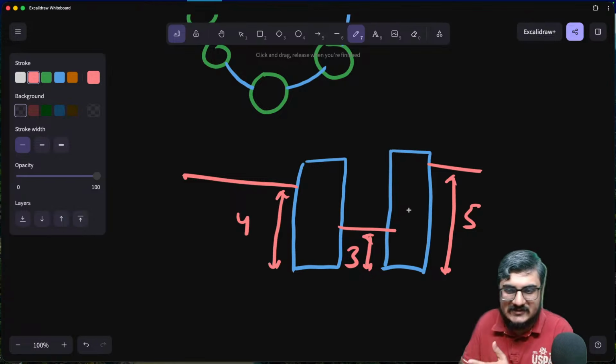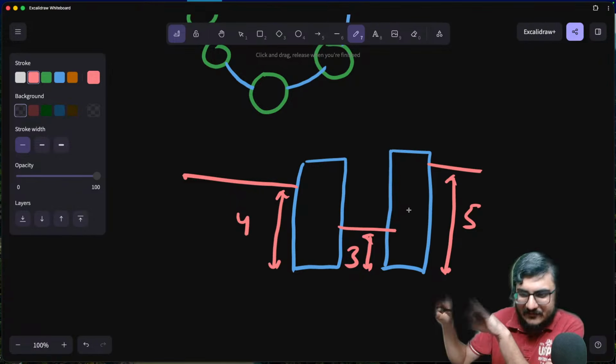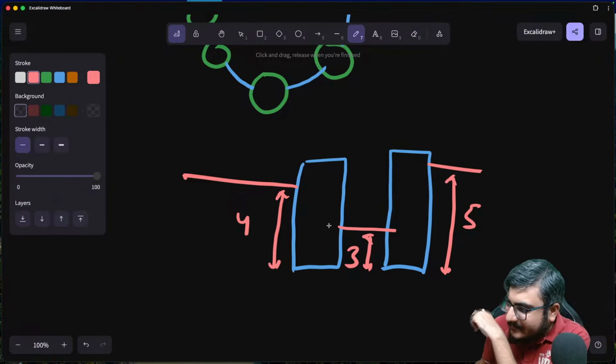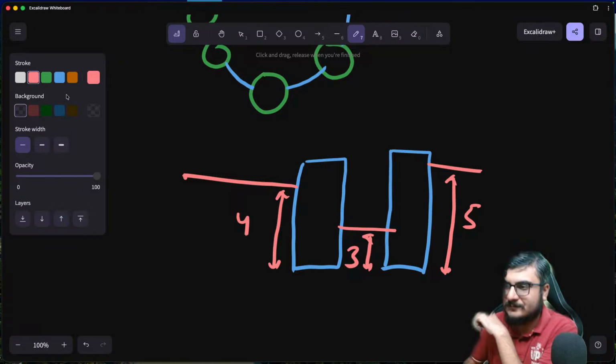We have two different wells connected nearby. There is a pipe between these two at height 3. There is one more pipe at height 5 which connects a well like this, and there is also one more well that's connected at height 5.